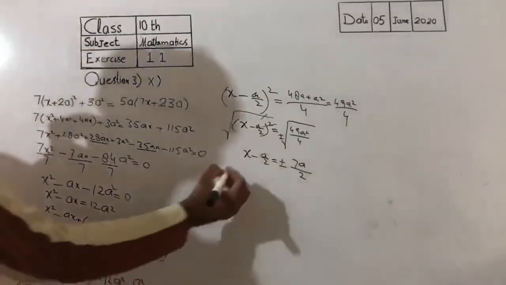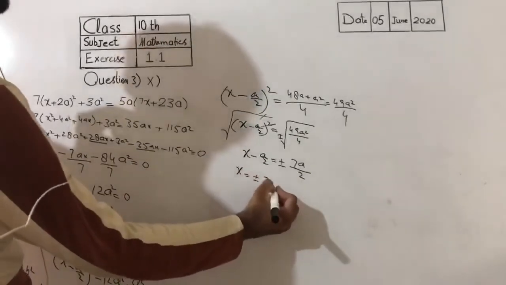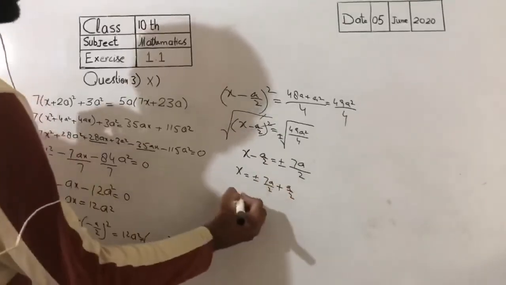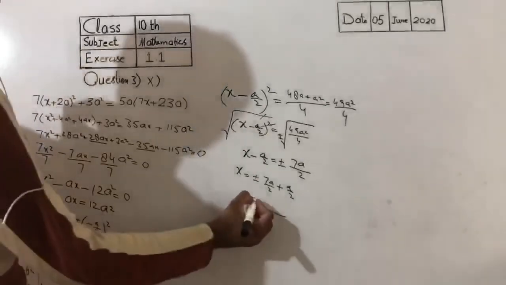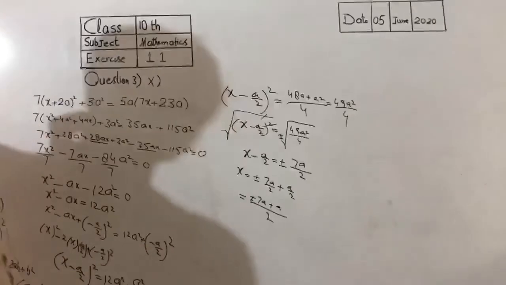Now x is equal to plus minus 7a over 2, and minus a over 2 becomes plus a over 2 on the other side of equal. Now we take LCM, that is 2. Here we get plus minus 7a plus a.